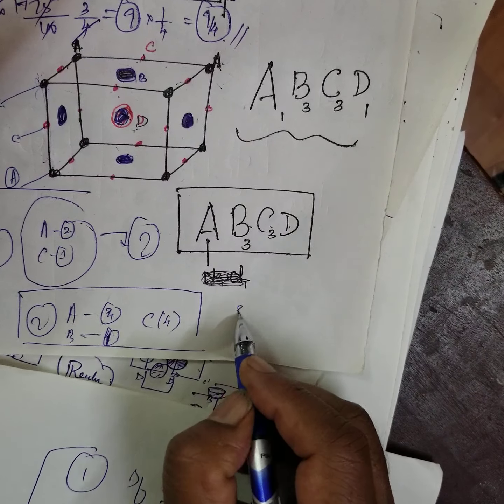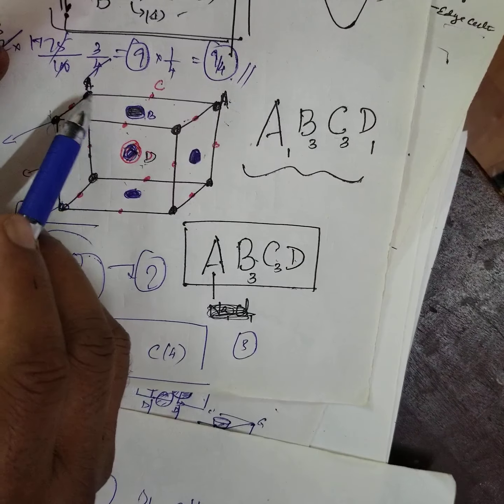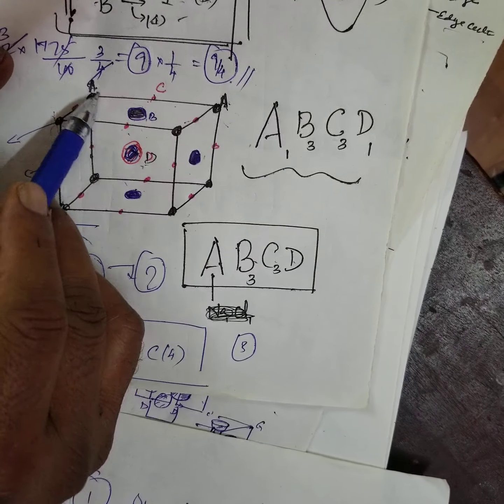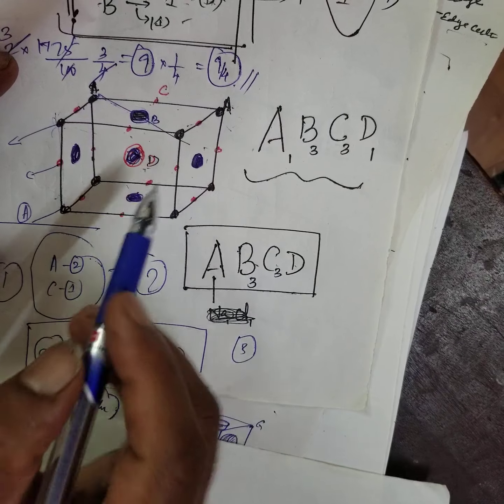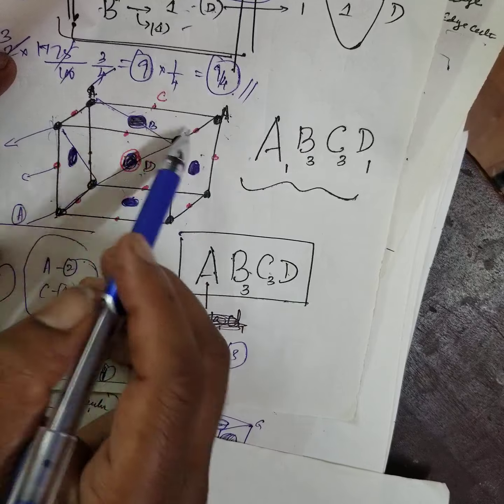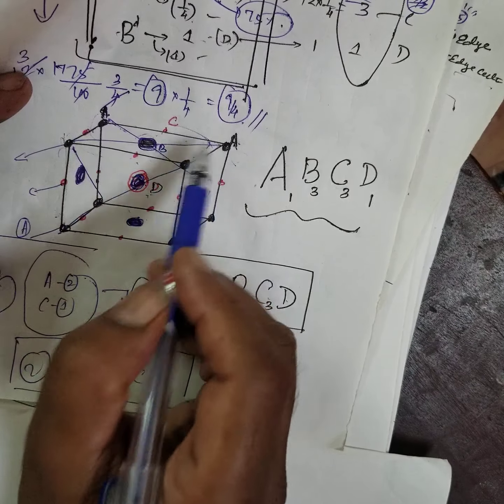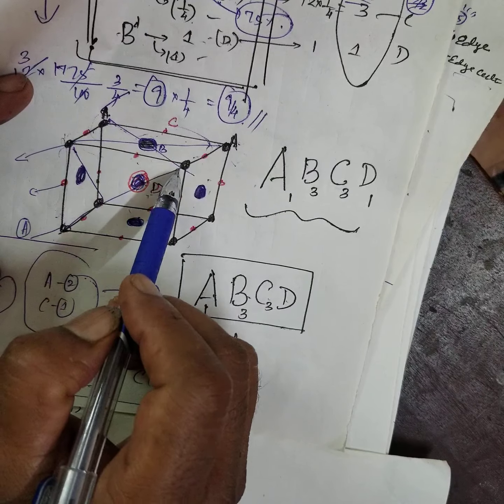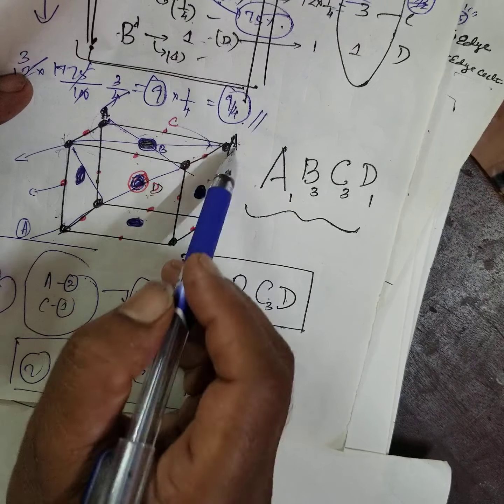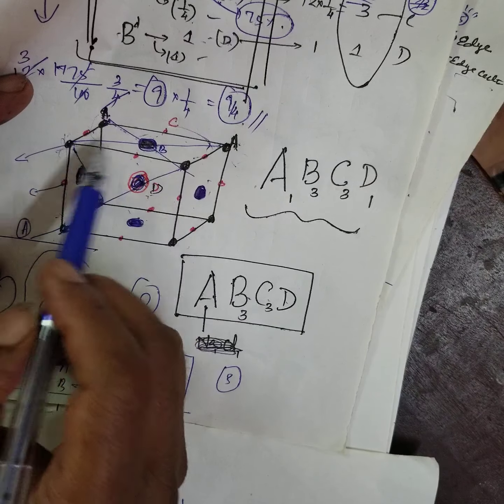Next, third sum is what? If all atoms along the diagonal are removed. See, this is 1, and this diagonal. You take one diagonal, you can draw two diagonals, is it not? Here I am removing this. 1, 2, 3, 4.